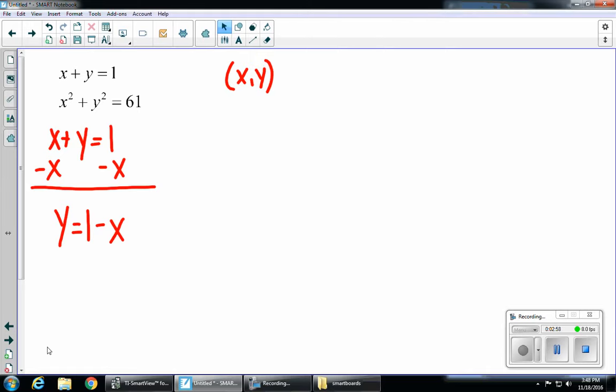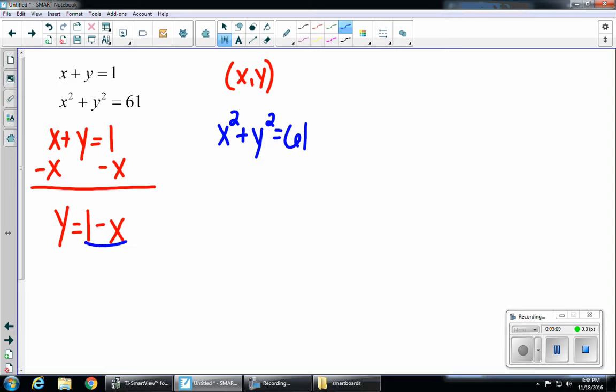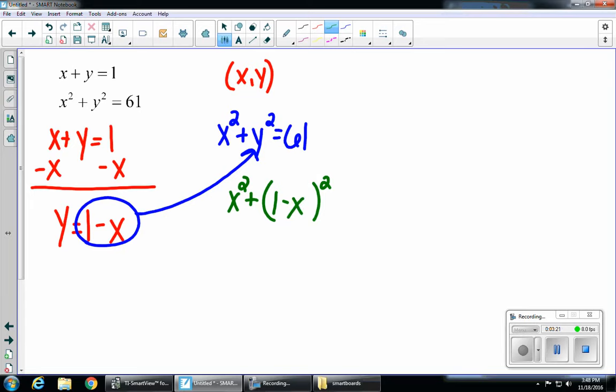Now I'm going to substitute that into my circle. So x squared plus y squared equals 61. I'm going to take this 1 minus x and plug it in for y. So I'm going to get x squared plus, instead of y squared, it's 1 minus x squared equals 61.